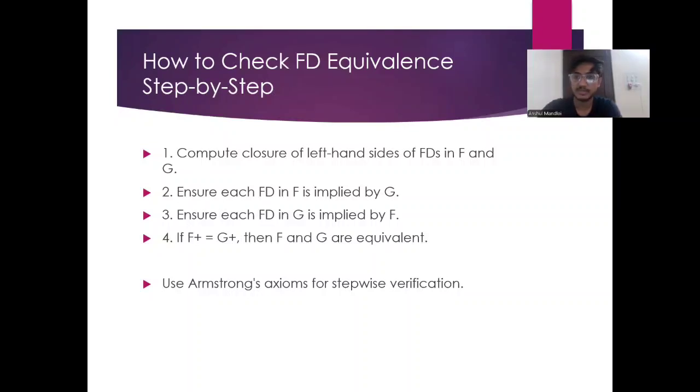If both the functions have the same closure, then both are equivalent to each other. For all this, we have to use Armstrong axioms for stepwise verification, like we discussed in the previous slide. Those rules help in simplifying the FDs and checking the equivalence of FDs.